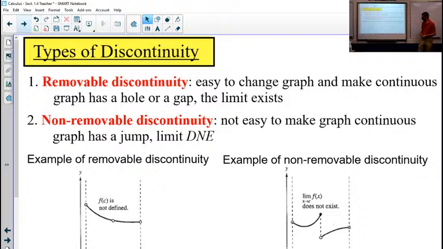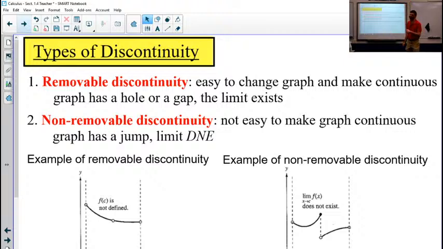If all I did was take a point and remove it, and then maybe put it somewhere else, like up here, that's a removable discontinuity. Because all I did was I removed the point from the graph. And if I had put it back, then it would be continuous again.